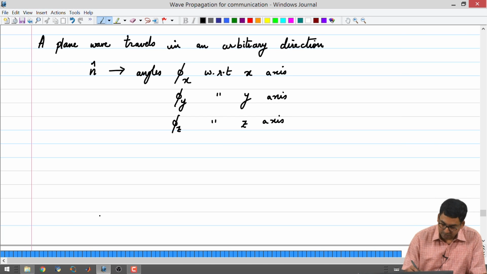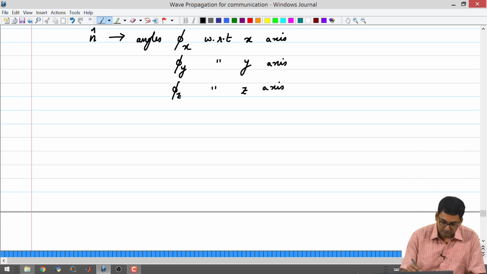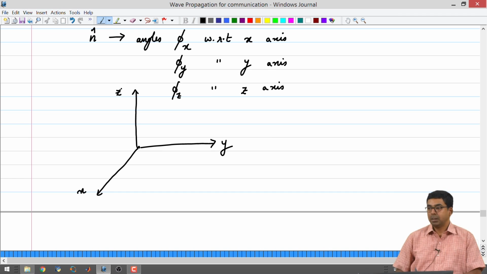Okay. So, let us draw a diagram, and let us mark our coordinate axis, right. Say I am having x, y and z, okay.